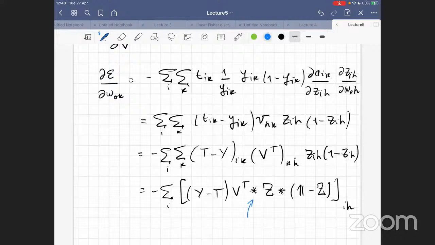I don't know, probably mathematicians call this the Schur product. But this is just element by element.